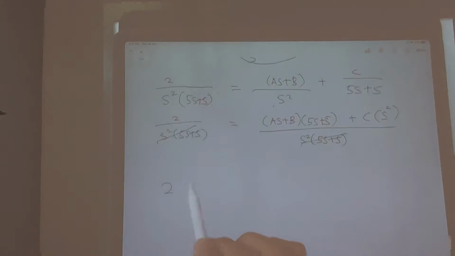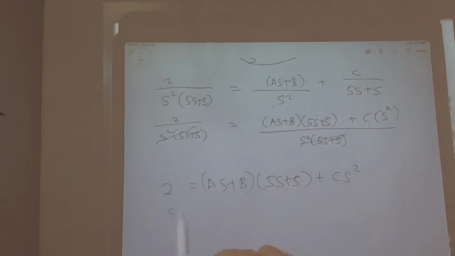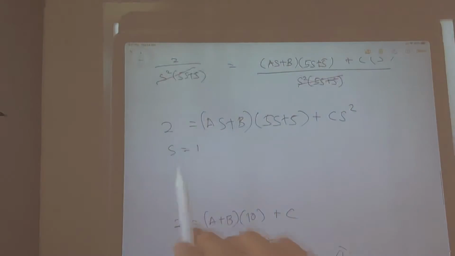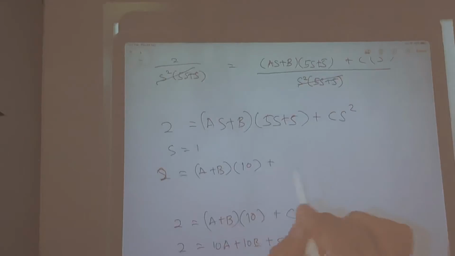So we have 2 equal to As plus B over s power of 2 plus C over 5s plus 5. This one correct, right? Then if s equal to 1, I have 2 equal to a plus b, correct? And then 5 plus 5 is 10 plus c.